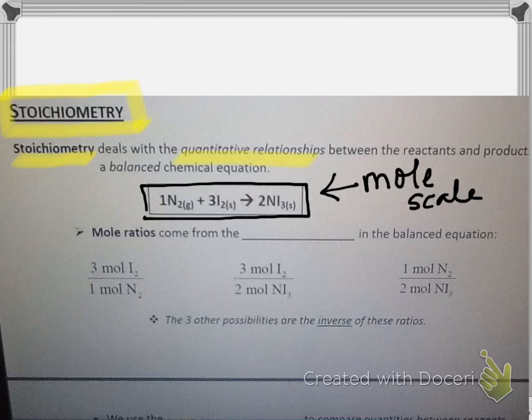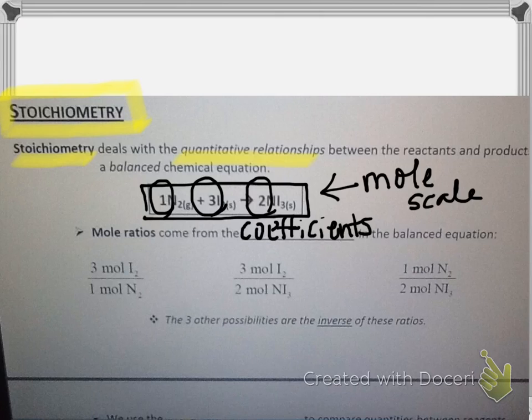The numbers in front I read as the number of moles. Those numbers in front, remember, are called the coefficients. So the mole ratio comes from the coefficients in the balanced equation.